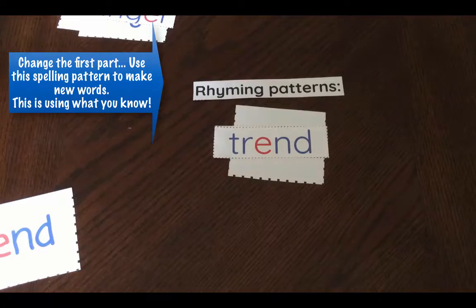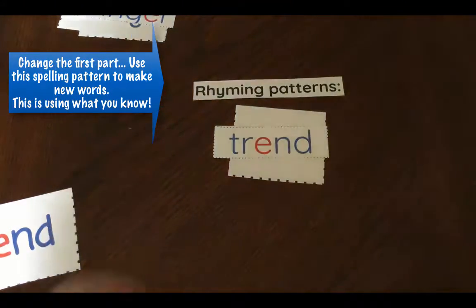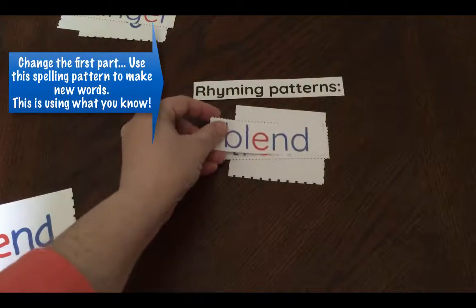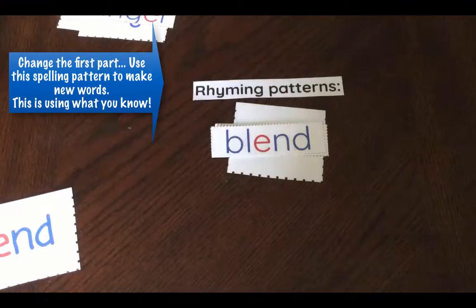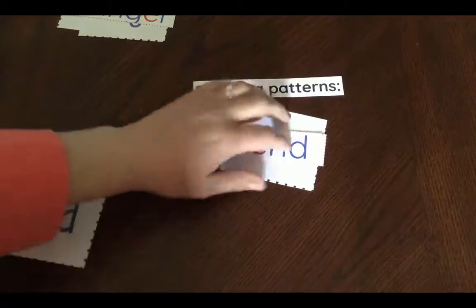There's a new trend in fashion. Or change to blend. I know I can blend sounds together to make new words. So these are the rhyming patterns to think about.